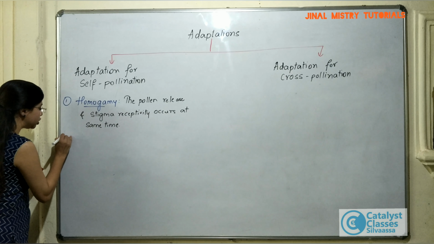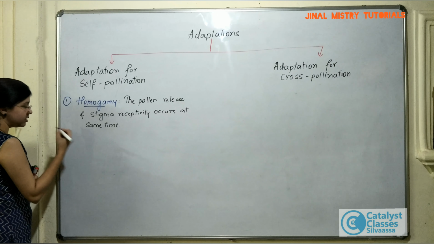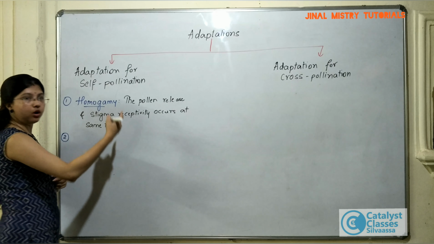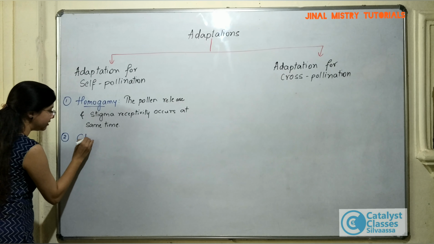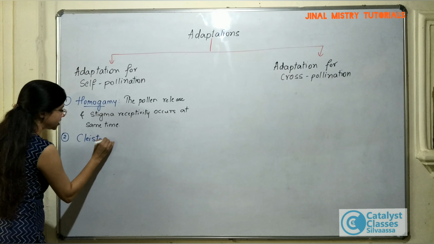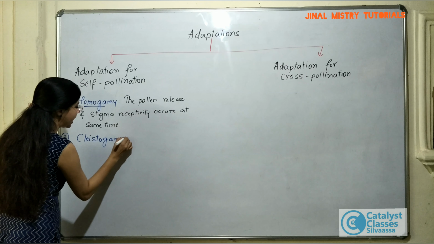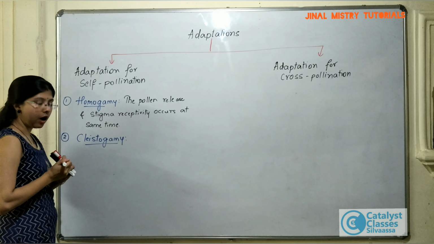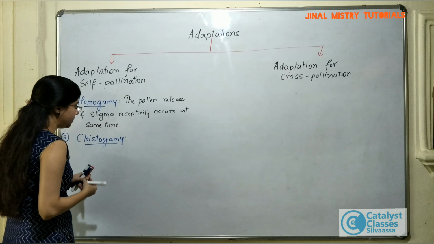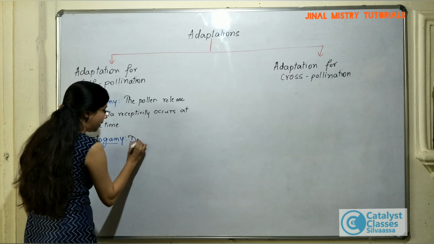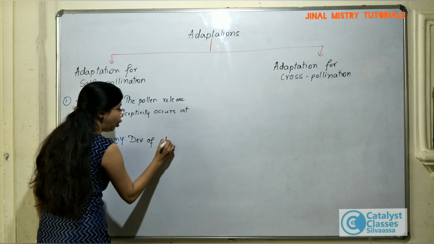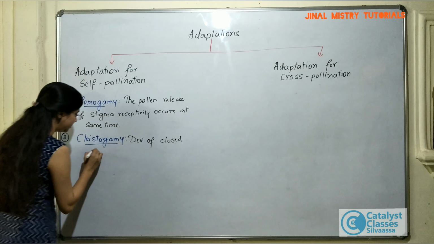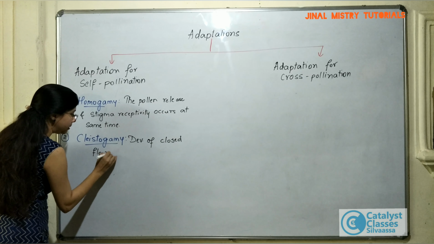The second adaptation shown to favor self-pollination is the development of cleistogamous flowers, and that phenomenon is called cleistogamy. Now, cleistogamy is nothing but the development of closed flowers. What do you mean by closed flowers?